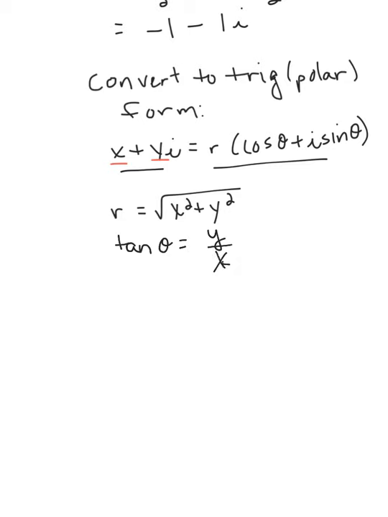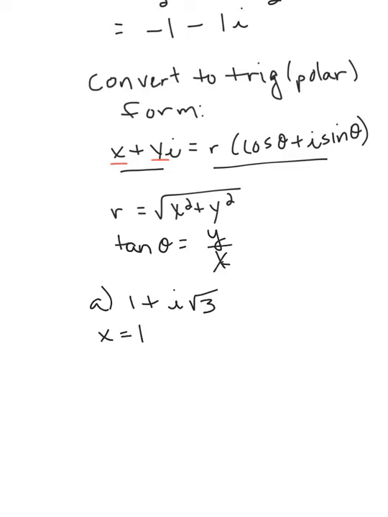So let's just jump in on one of these. We are going to start by converting the number 1 plus i times the square root of 3 from complex form into trig form. Because the real part is 1, that is the x.